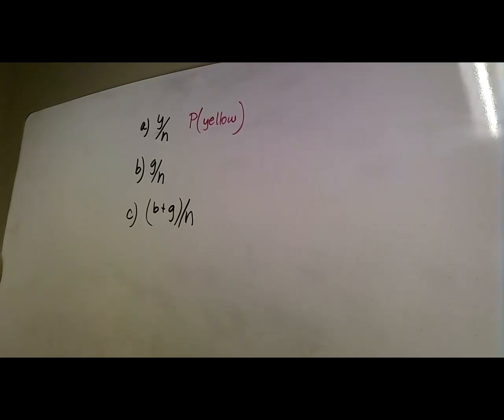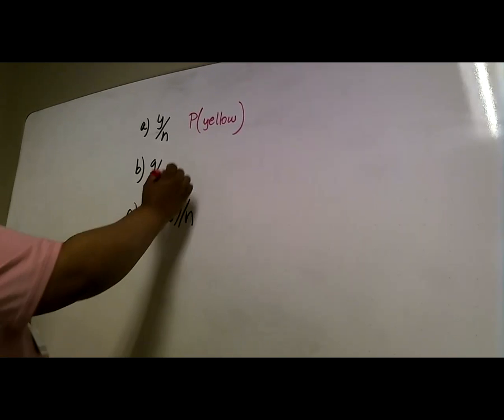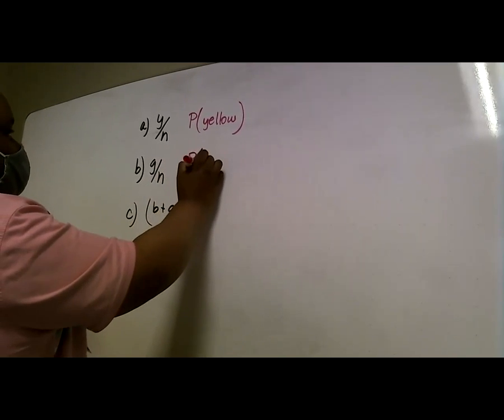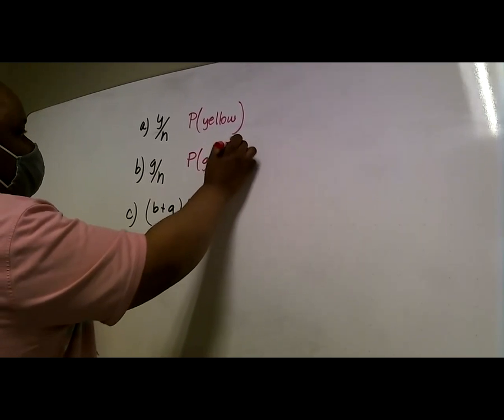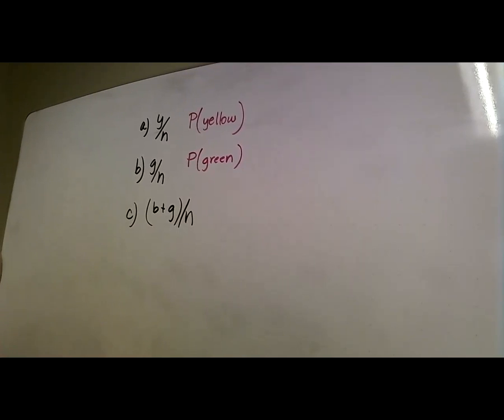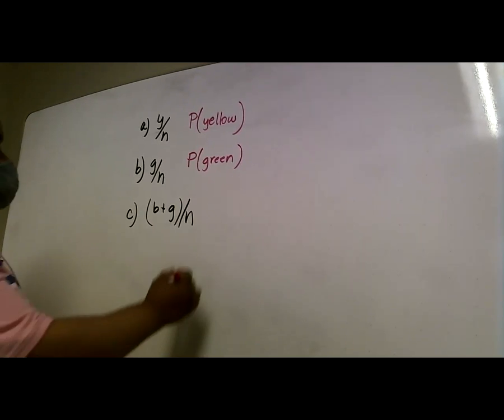All right, now part B. G over N. What do you think G over N would mean? Let's see, probability of selecting what? The green. This G represents the green marble. And what do you think B plus G divided by N would represent?